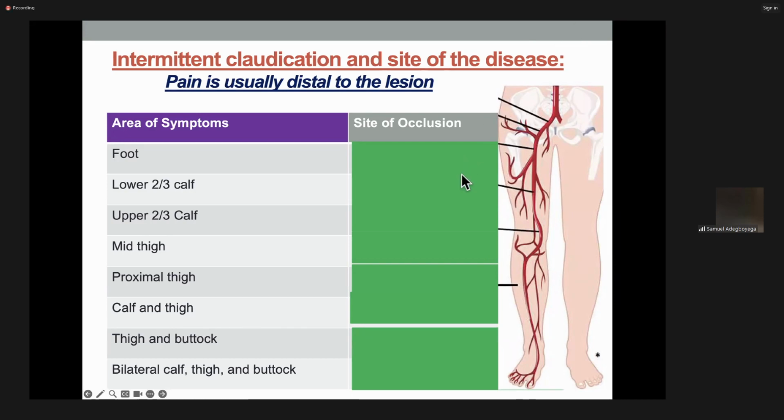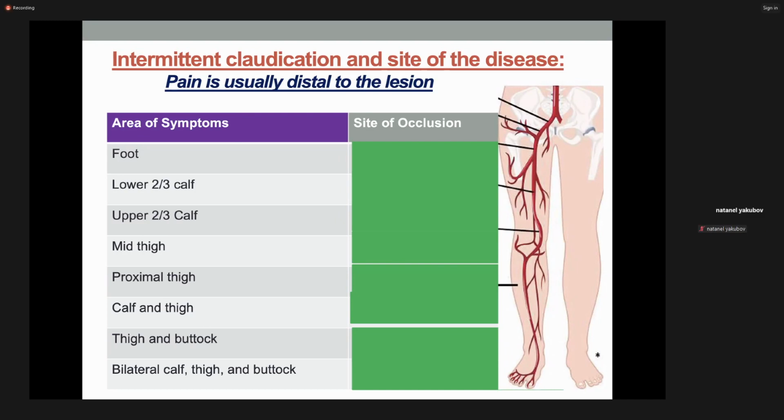If a patient has thigh cramps or thigh pain, I didn't tell you exactly where the location of that pain is. I didn't say lower 2/3 of the thigh. I didn't say upper 2/3 of the thigh. I just said a thigh pain. So what do you assume should be the area of occlusion? Should we include SFA with it?